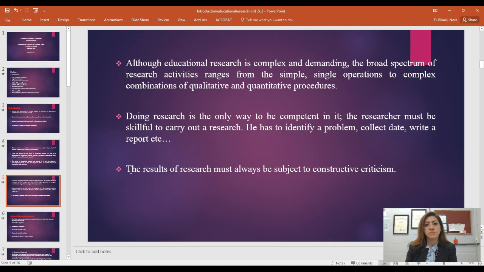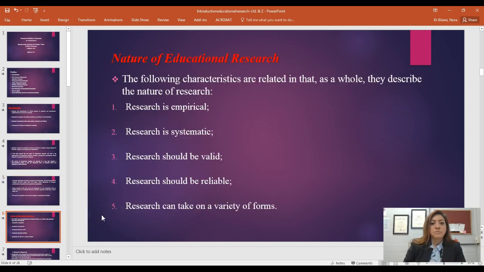What is a scientific research? What is a credible research? Once it's approved, it is published. So research is always criticized, and it's always reviewed, and it's always checked for its credibility, and this is a part of the process of producing a scientific research.